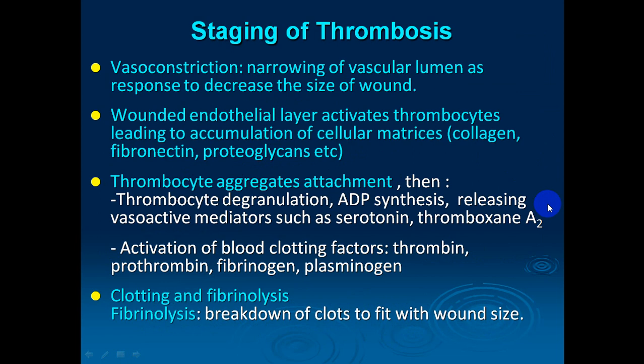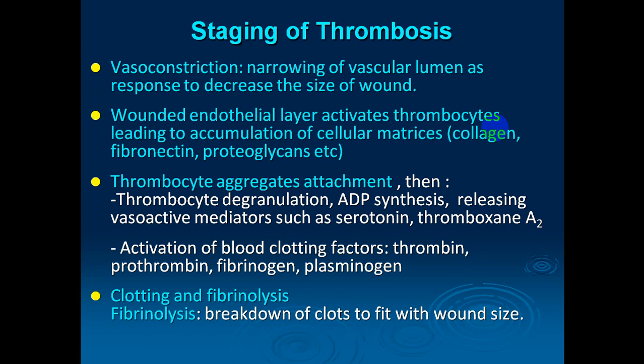The staging of thrombosis: first, vasoconstriction. For example, if there is damage of blood vessels, there will be vasoconstriction first as a response of the body to decrease the diameter of the wound. And then the damaged sites will activate the thrombocytes because damaged sites have a rough surface.